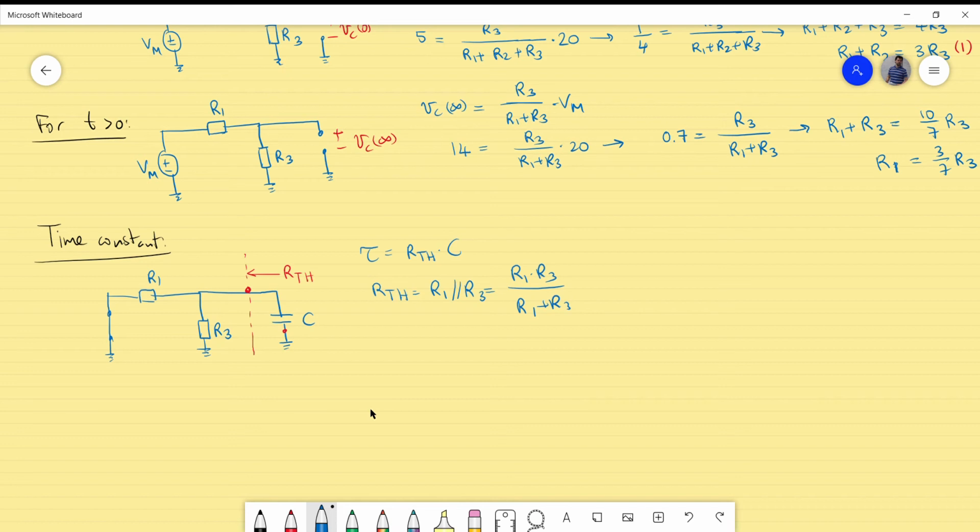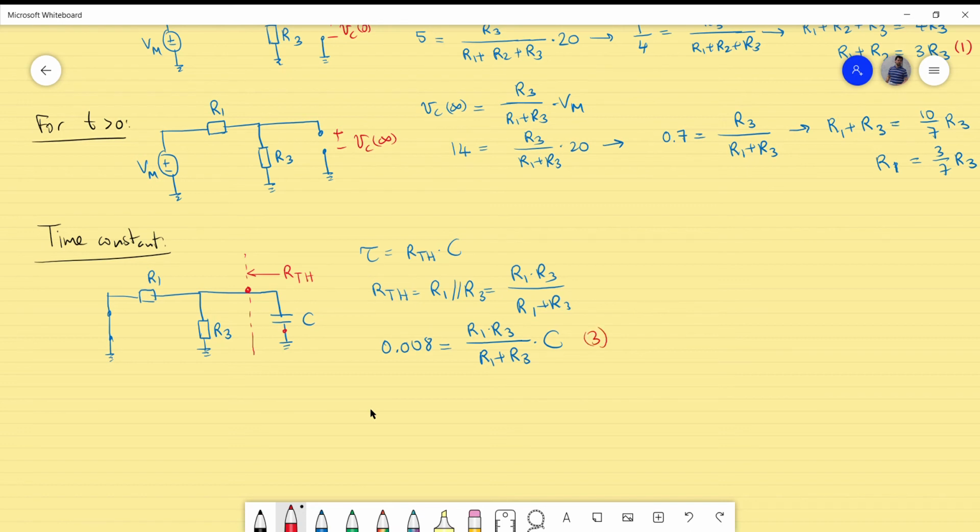Alright, so we already know the tau, so we can use this formula to say 0.008, so that's actually 8 milliseconds for tau, is equal to R1 times R3 divided by R1 plus R3 times C. And I will designate this as equation 3.